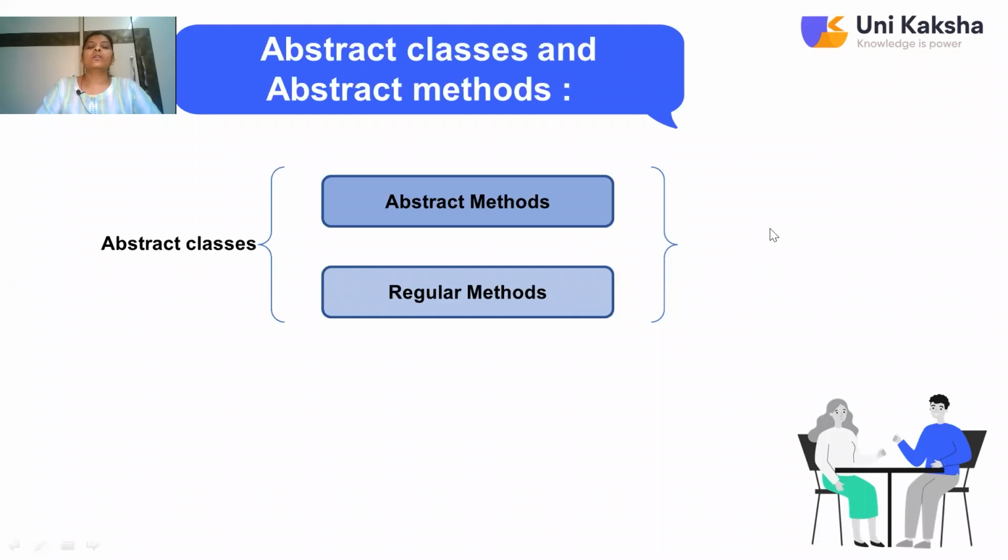Here let's try to understand what exactly an abstract class is. An abstract class is a class which is declared by using the abstract keyword. The abstract class can include abstract methods, that is, methods without implementation, and non-abstract methods, that is, regular methods.